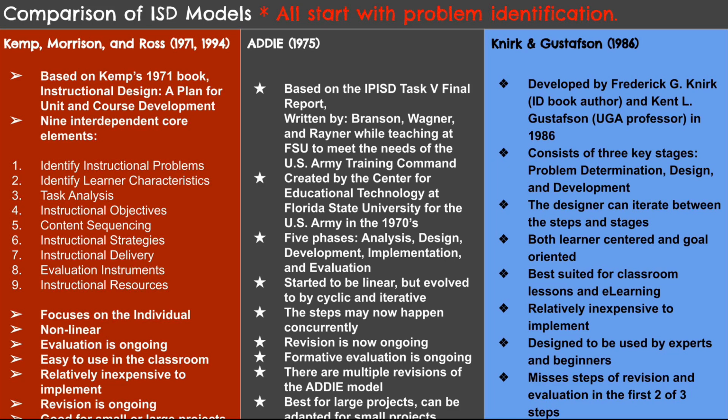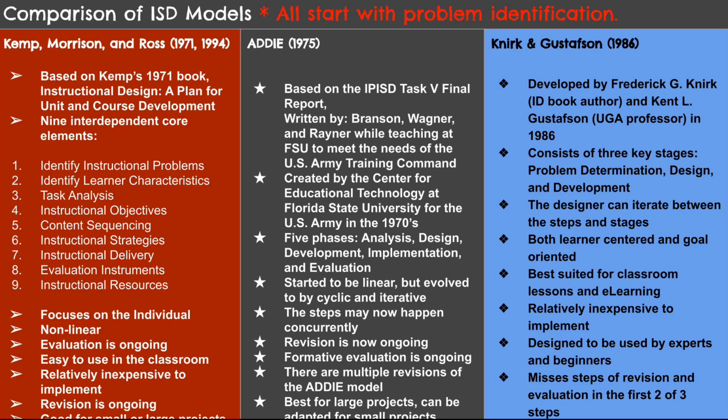It has 5 phases: analysis, design, development, implementation, and evaluation. It started to be linear, but evolved to be cyclic and iterative. The steps may now happen concurrently. Revision is ongoing. Formative evaluation is ongoing. This model is best for large projects, but it can be used for small projects.